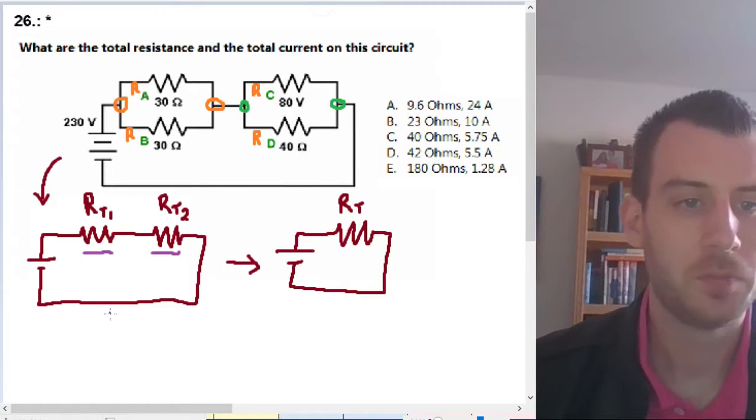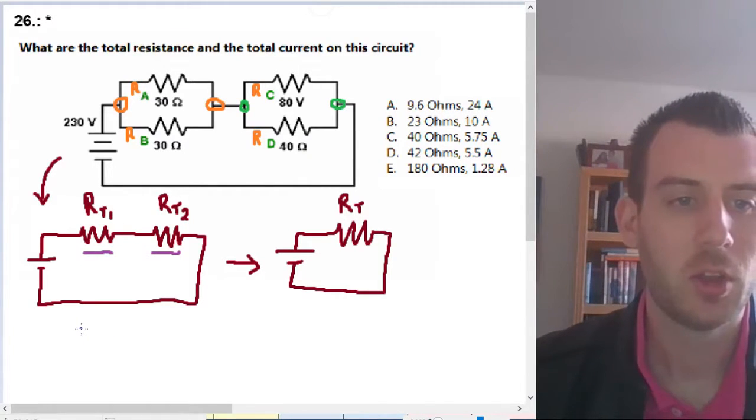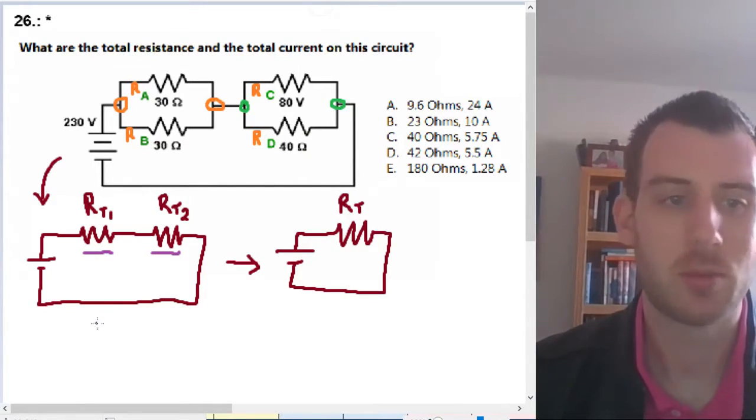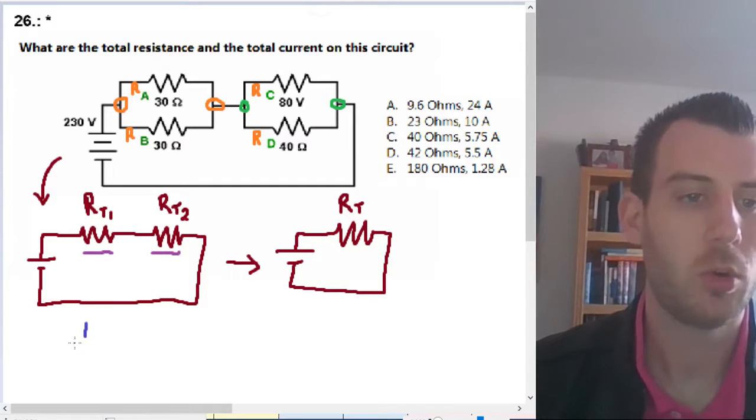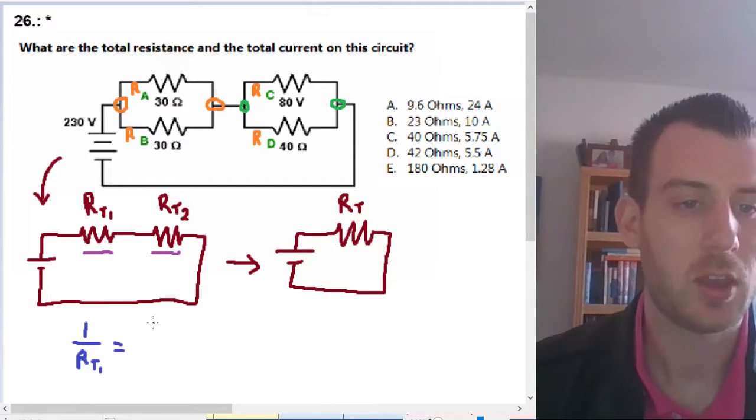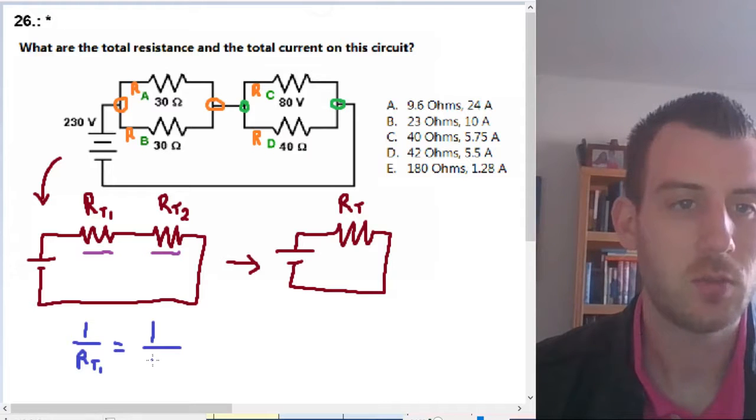I'll use blue and recognize the parallel resistors have a relationship where the total resistance, R total 1, can be written as 1 over R total 1 is the sum of the inverses. Inverses just means 1 over for each of these.